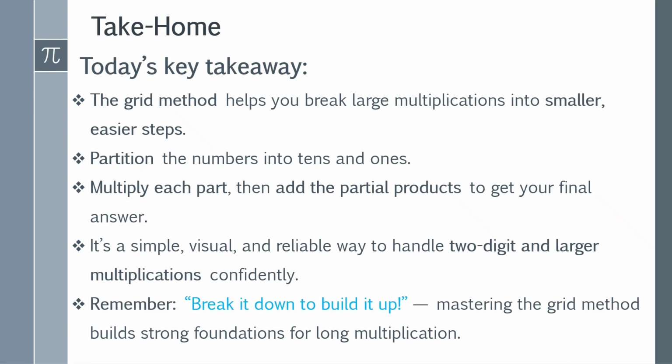So today's key message is that the grid method helps us break difficult multiplication questions into smaller manageable steps. Always remember these 3 steps. Partition the numbers, multiply each section, and add the partial products. The grid method is a visual and reliable strategy that helps build confidence and accuracy in multiplication.